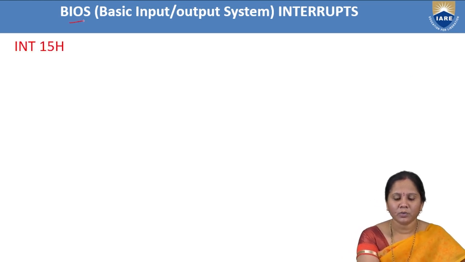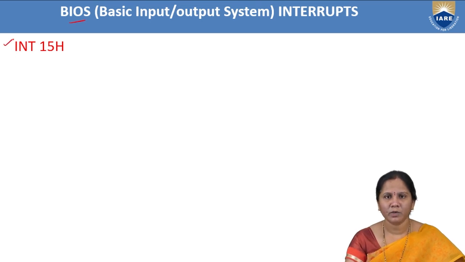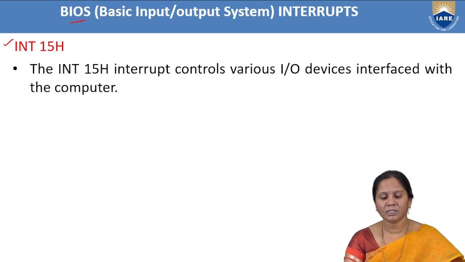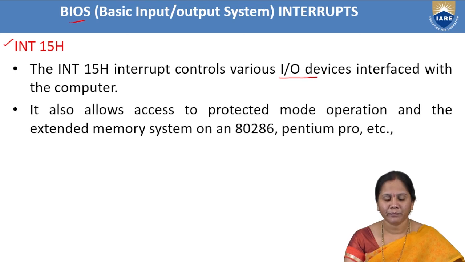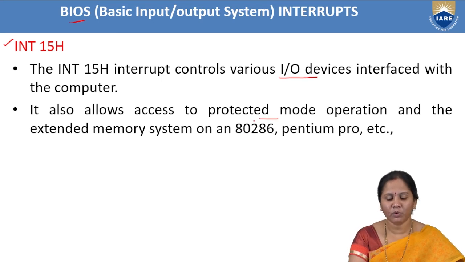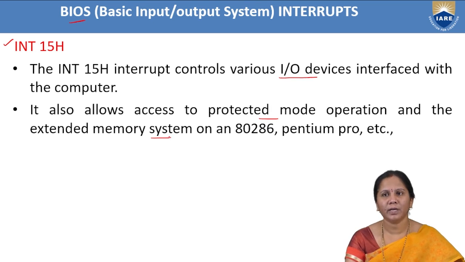Now, another BIOS interrupt is INT 15H. When this INT 15H instruction is executed, it will control the various IO devices that are interfaced with a computer. The same instruction allows access to the protected mode of operation and extended memory systems on 80286 and Pentium processors, which are nothing but advanced processors.